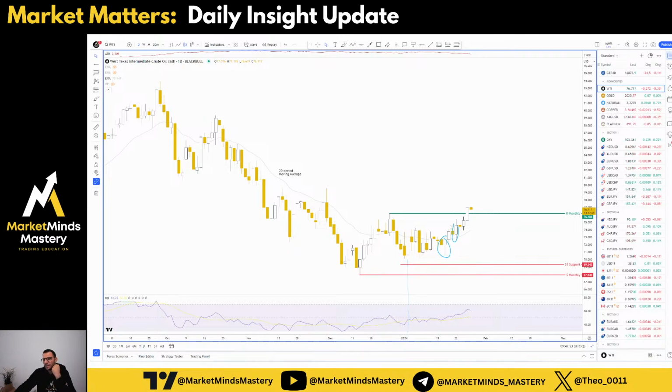Now, it also depends how much time you are willing to stay in this kind of trade. If you enter the trade and you expect the breakout to occur, because we are trading with leverage and with brokers, we pay the fees, the swaps, the commissions, depending on the account.